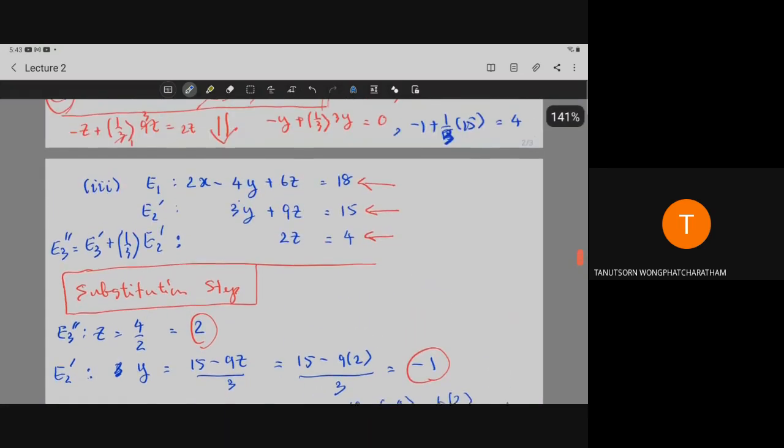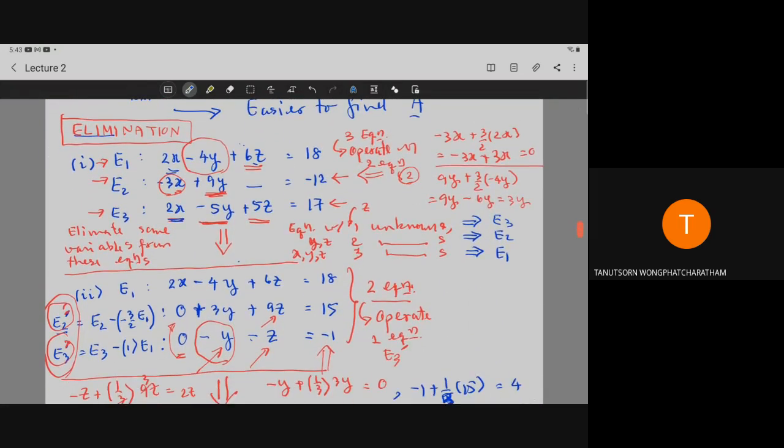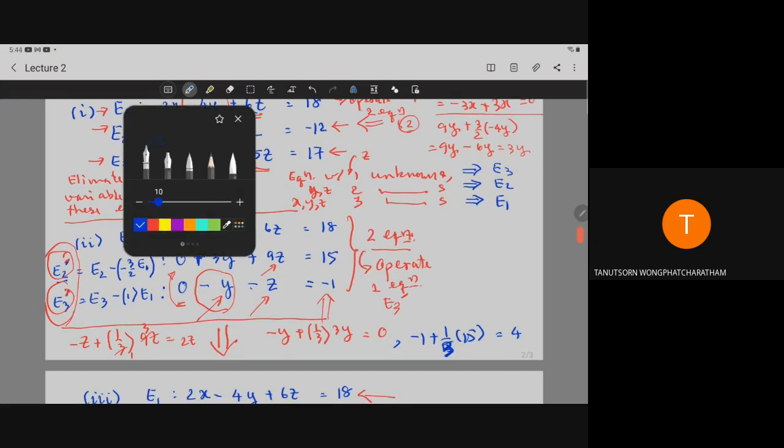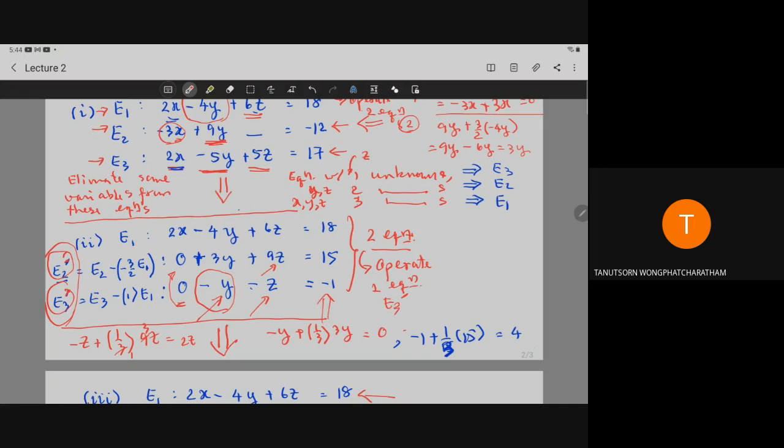Additionally, when we were doing these steps for the elimination, okay, I can write for each step, like step 1 to 2, I can write these numbers as the multiplication coefficients, okay? And generally what we can do is we can write the multiplication coefficient with the index of the first equation minus the second equation.